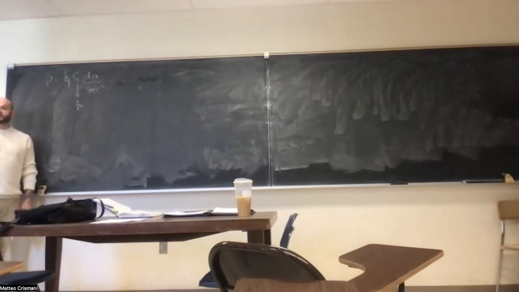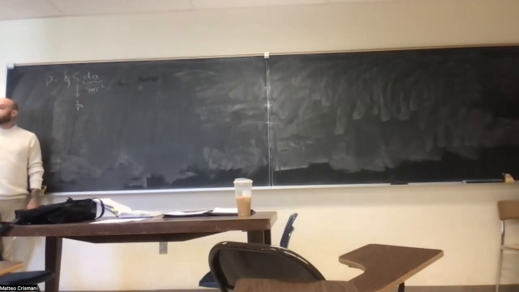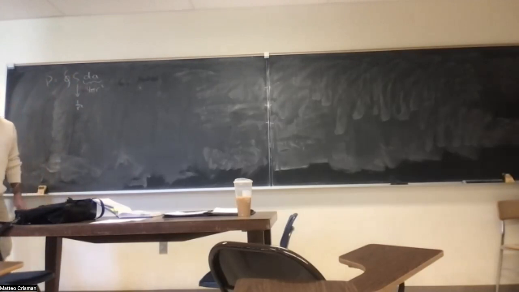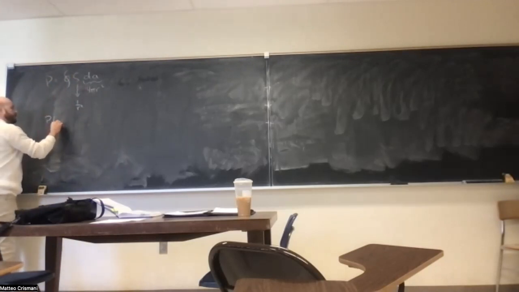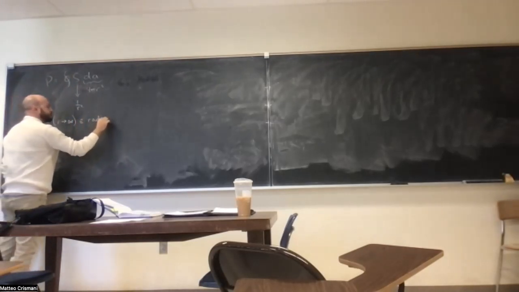With 1 over r cubed, S times dA goes as 1 over r, and that disappears at infinity. But I want it at most a constant, or at least constant.